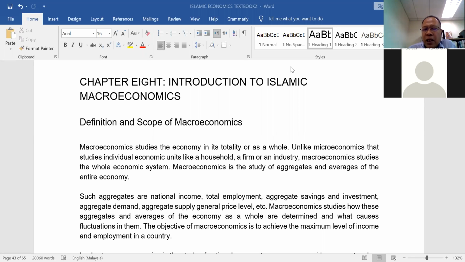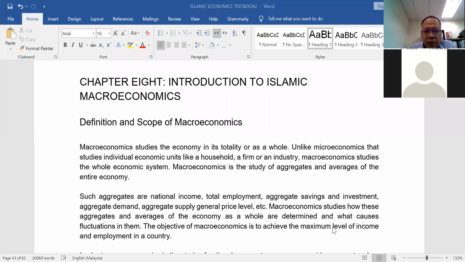So these are discussed in the macroeconomics classes that you have studied before. So we quickly try to review what we have studied in macroeconomics class.